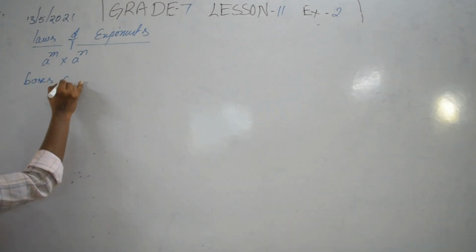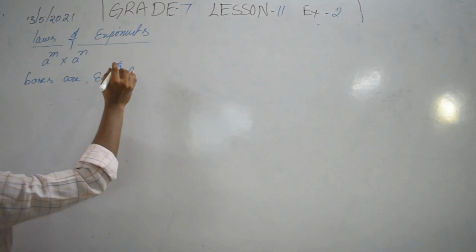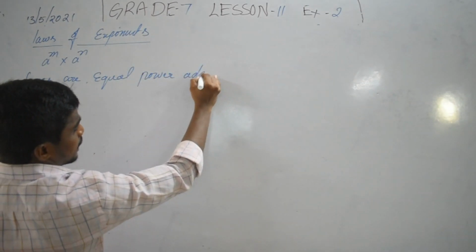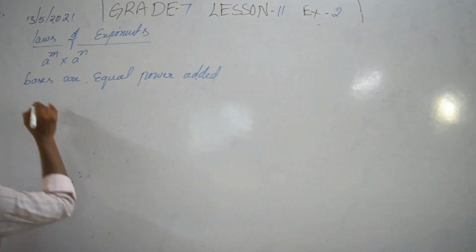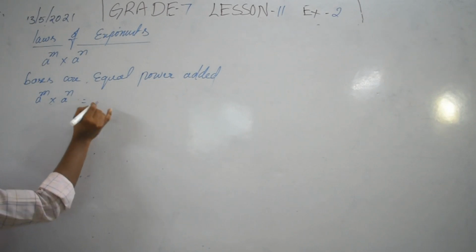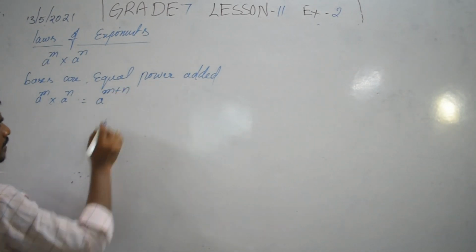So a power m cross a power n equals a power m plus n.